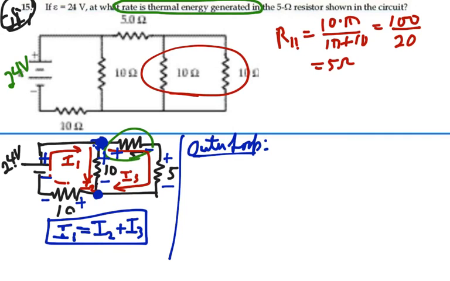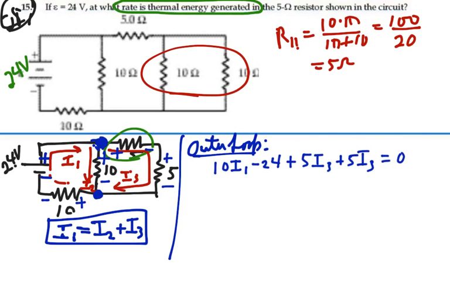Let's do the outer loop. Walking counterclockwise, I'm going to have 10 I1 minus 24 plus 5 I3 plus 5 I3 equals 0.